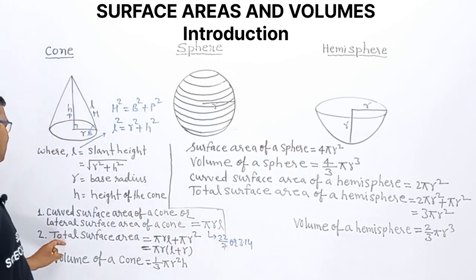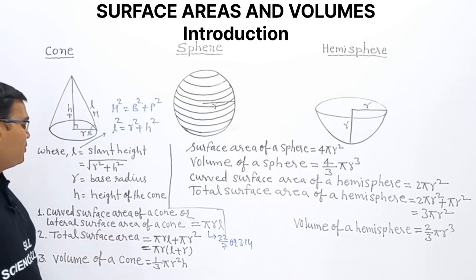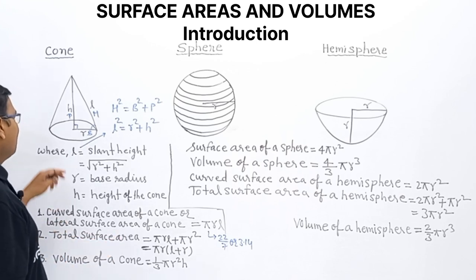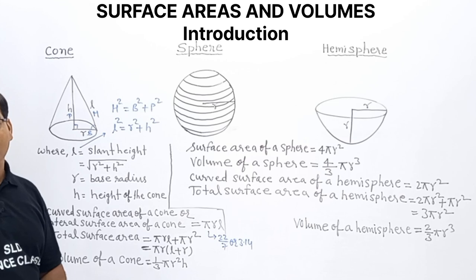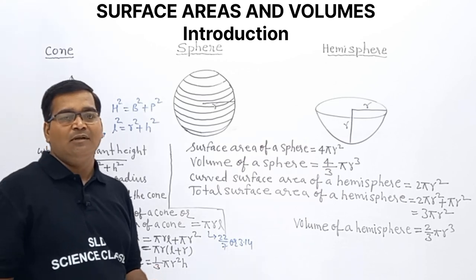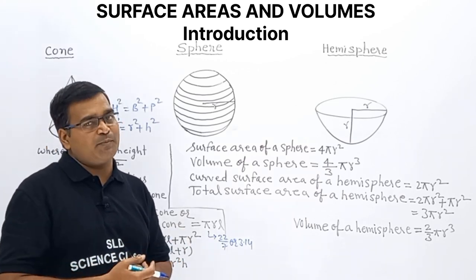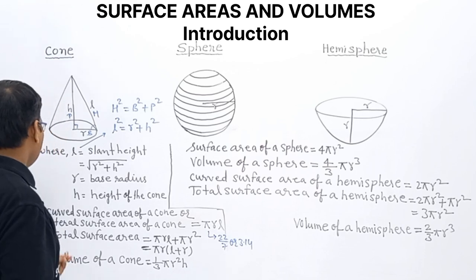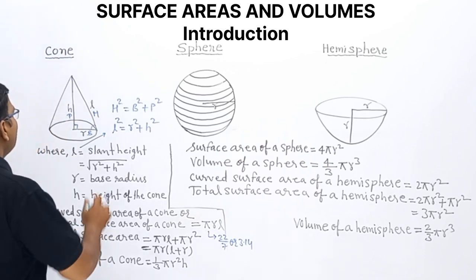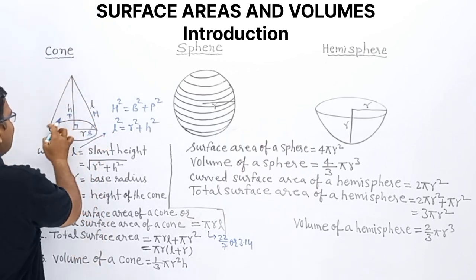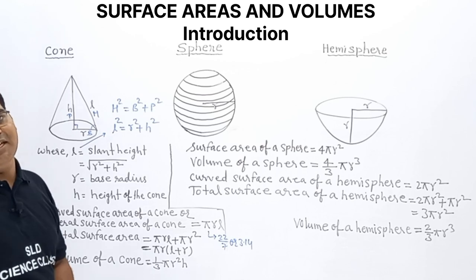Clear? Now, another thing: total surface area of a cone. We obtained the curved surface area, but if the question asks for the total surface area, then how will we find it? Total surface area is curved surface area plus base area.